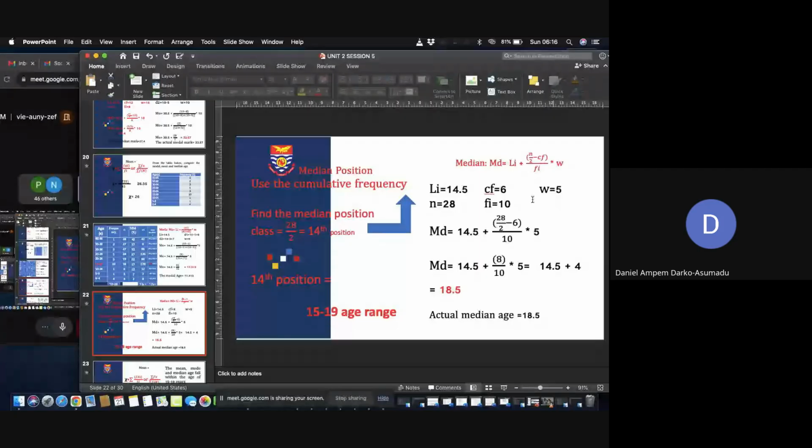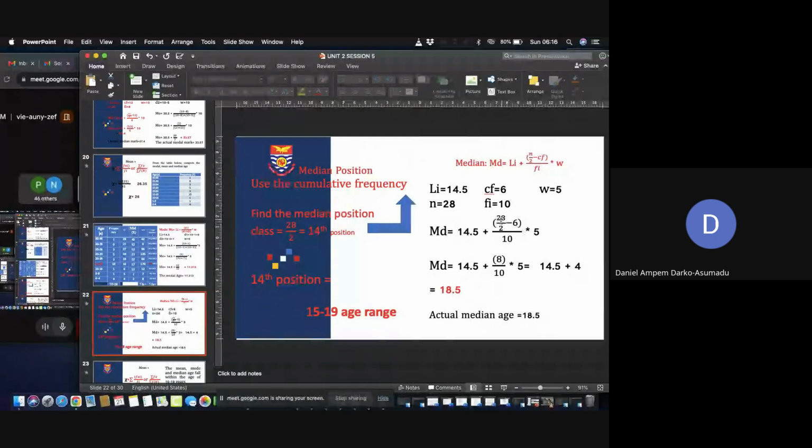So when you get these values, you put them in the formula. MD is equal to 14.5 plus N over 2, 28 over 2, minus the cumulative frequency immediately preceding the class that contains the median age, 6, over the frequency of the median class, 10, times width 5.